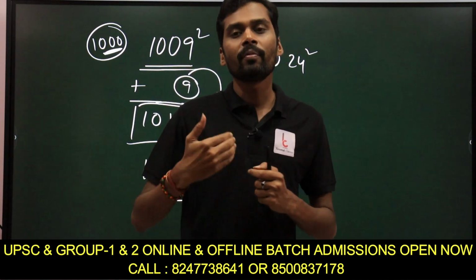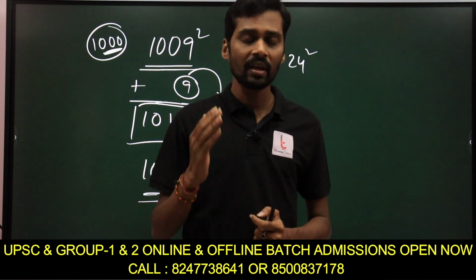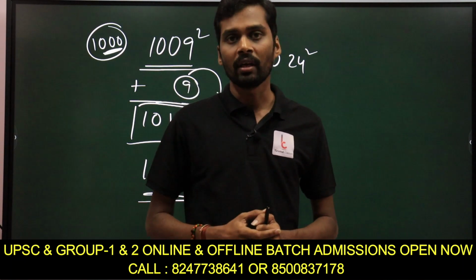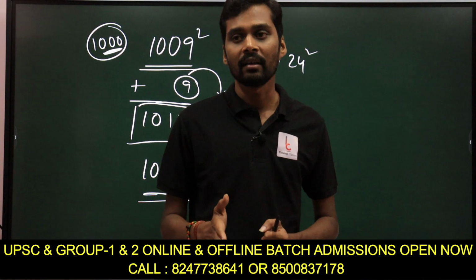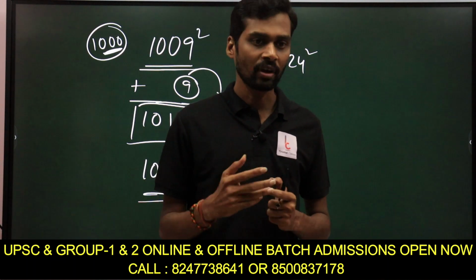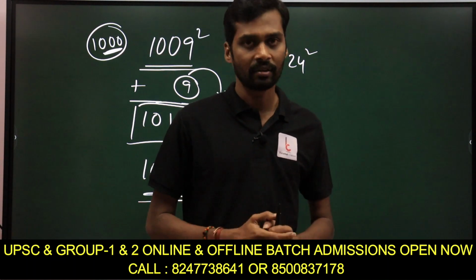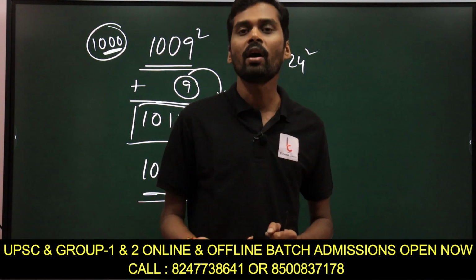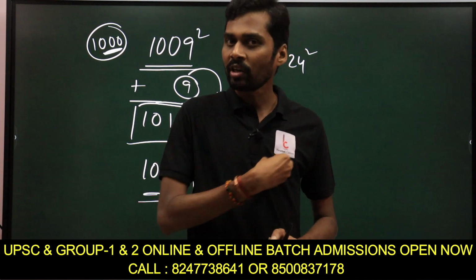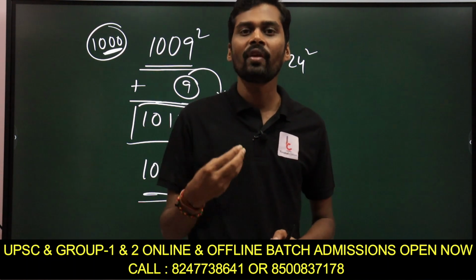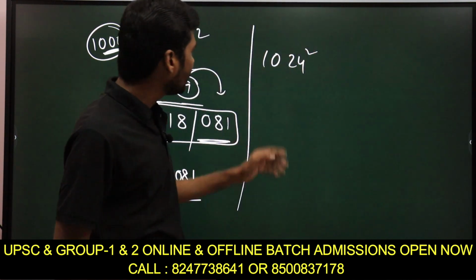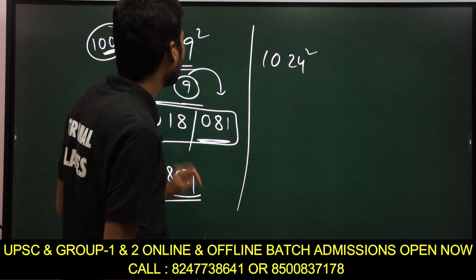Even if you remember 1 to 40, it is very handy to you. 1 to 30 is mandatory. 31 to 40, if you have time, definitely you should learn it. Because if you remember 1 to 40, then you can find out the square of any number within fraction of seconds.